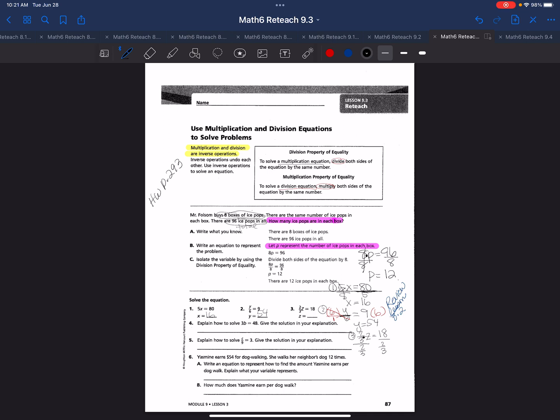So I know 2/3 divided by 2/3 is 1, so I'm going to have z over here. And then I'm going to rewrite this, 18 divided by 2/3, because then my brain can recognize it. 18 divided by 2/3. Oh, I remember. I need to do keep, change, and flip. We need to take the reciprocal. Okay, so now it's not getting as difficult and it doesn't look as ugly. Okay, z equals 18, keep the first term, change from division to multiplication, and take the reciprocal.